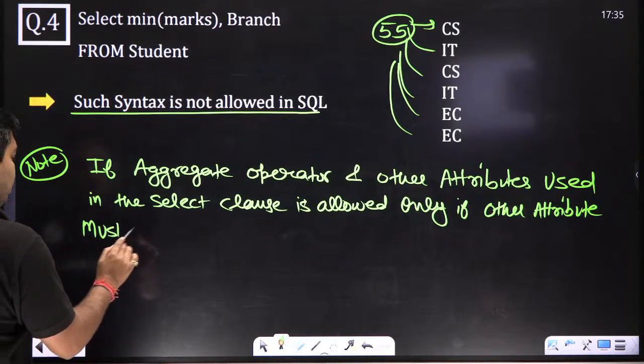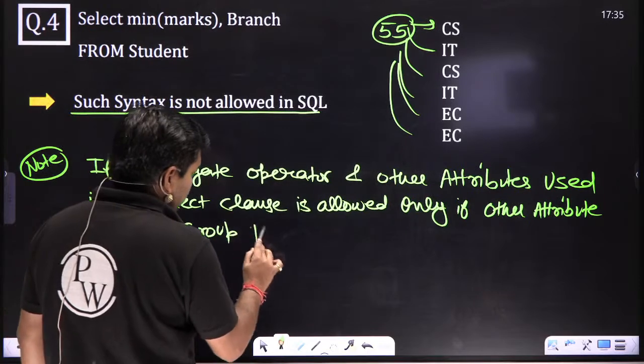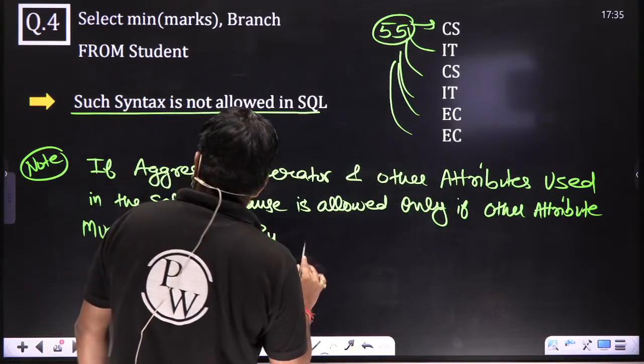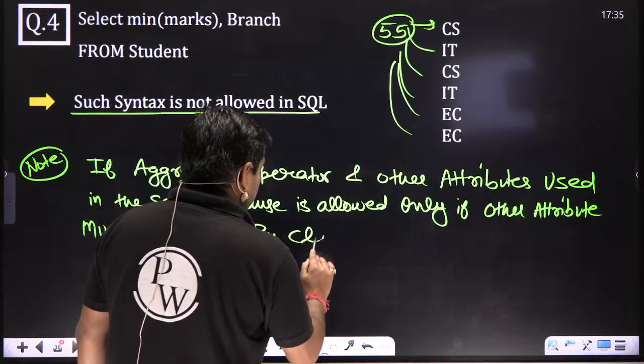This is the 2000 note. Otherwise the 2000 note is also going to close. Other attribute must be in group by clause.